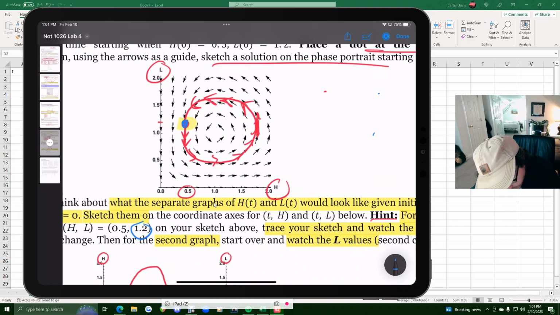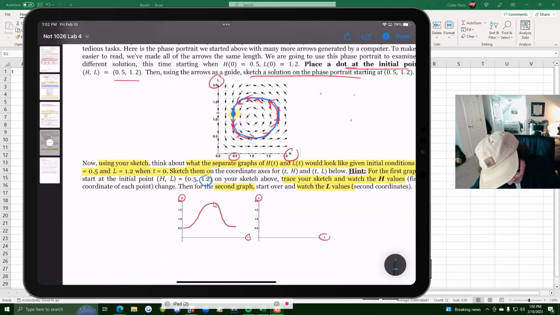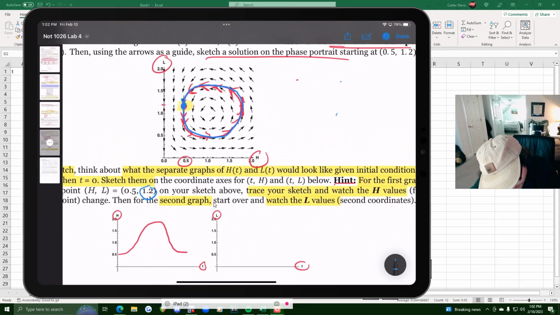Right here at 1.2, the L values go down, down, down, and they hit a minimum of 0.5. Then they halt at 0.5, and then they start going back up, and they hit a max of like 1.5 or maybe 1.6. Then they stay there for a little bit, and then they come back down to 1.2.